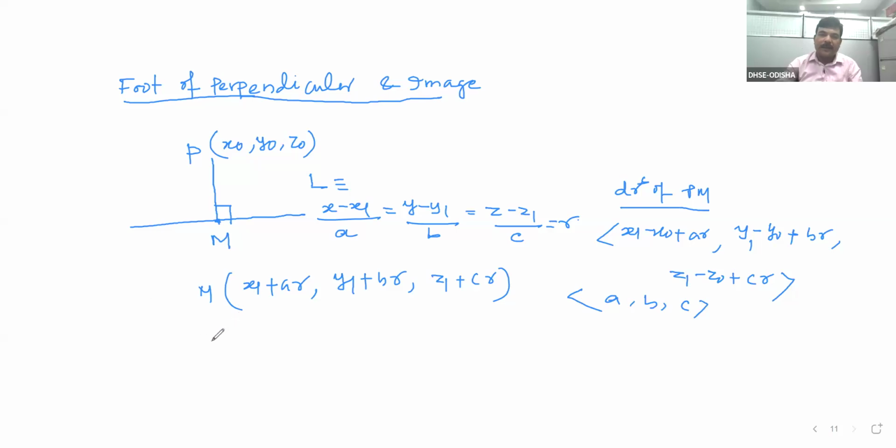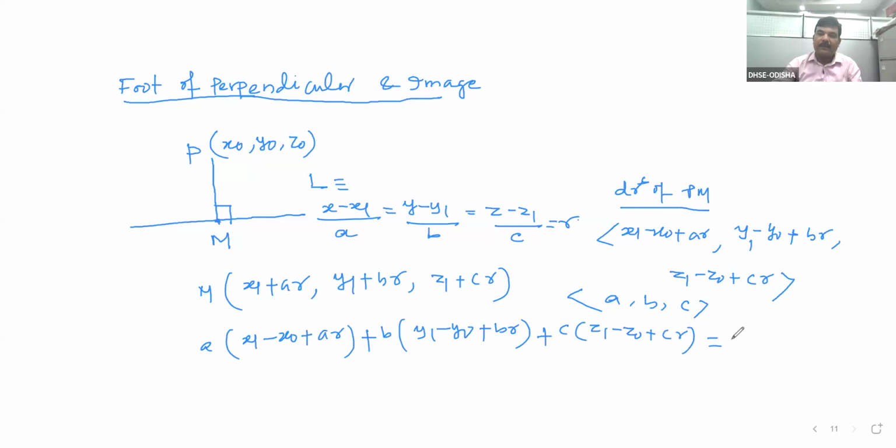So we can write a times (x1 minus x0 plus a r) plus b times (y1 minus y0 plus b r) plus c times (z1 minus z0 plus c r) is equal to 0. In this equation everything is given, only unknown is r. So from this equation we will get the value of r, right?